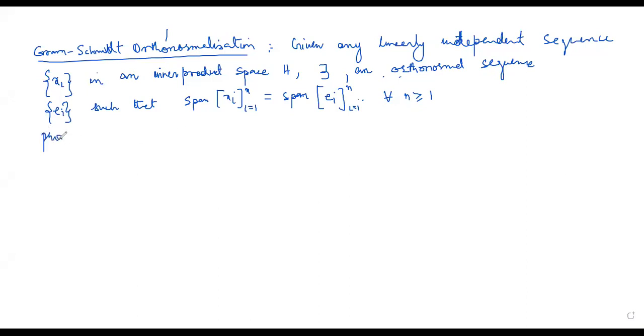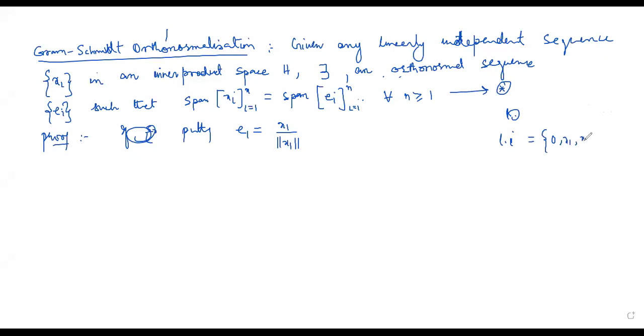So proof इसका rather easy है. We use induction. Let's call this star. Firstly, suppose we start with x1, putting e1 equal to x1 by norm of x1. You have to remember that if you have linearly independent vectors, it will never contain zero. So हमारा जो linearly independent set है, it cannot be कि उसमें कोई zero.